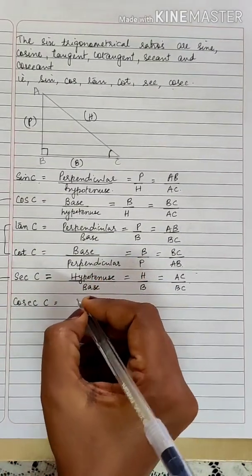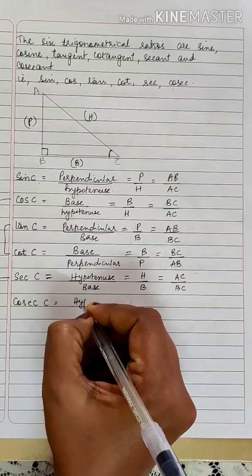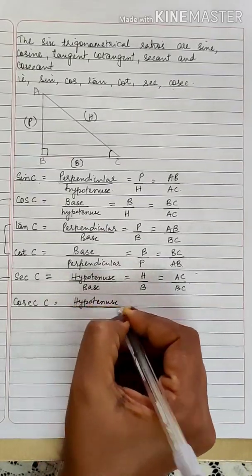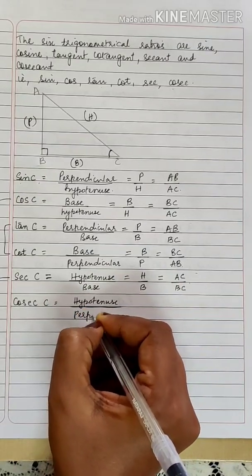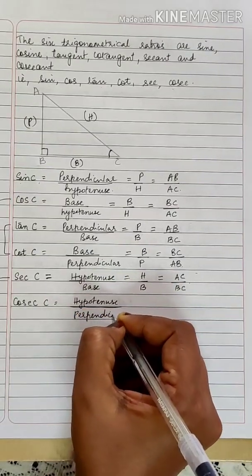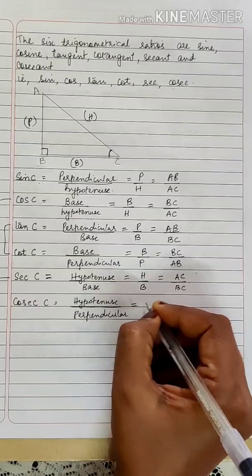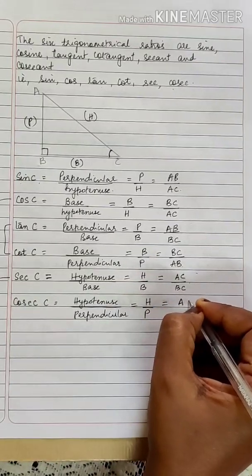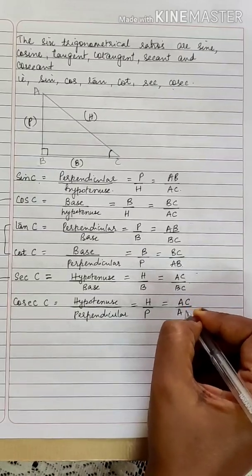Now coming to cosecant C, it is given by hypotenuse by perpendicular. So this is H by P, that is AC by AB.